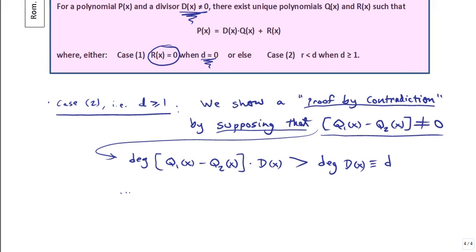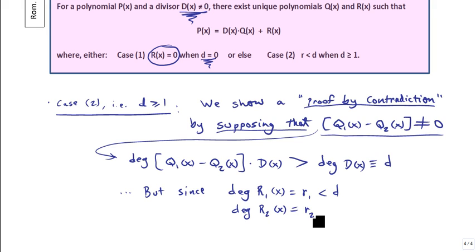However, the degree of the R1 polynomial, let me call that little r sub 1, is less than d, and this is just by definition. And the degree of the R2 polynomial, which I can denote as little r sub 2, is less than d. Okay, this is by definition.